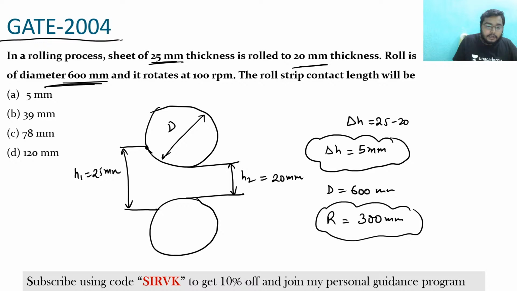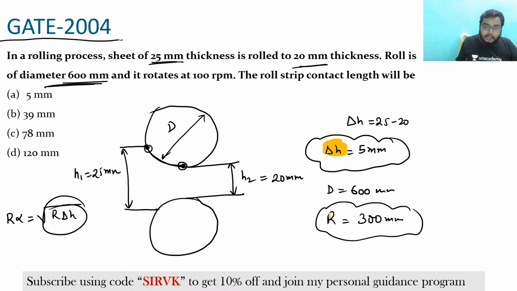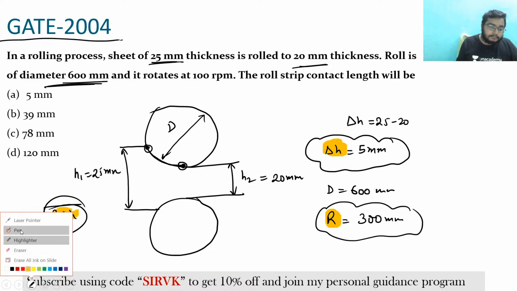I have told you how you can find it: either by using R alpha, or like this, root over R delta H. Suppose I know delta H and R, I will put them in this equation and get the answer. So L would be root over R delta H.